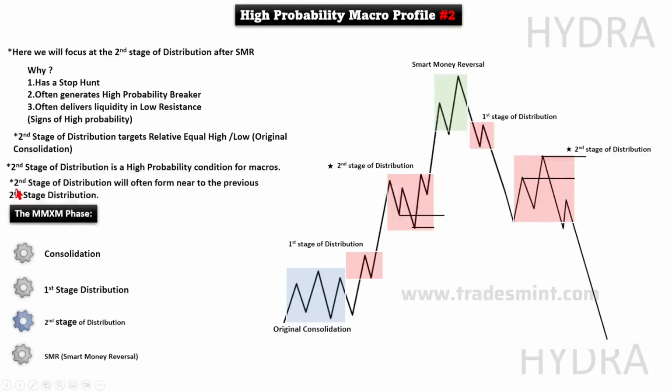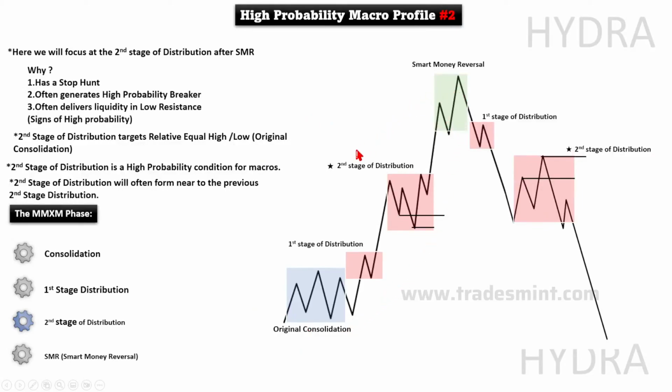So our last topic here: second stage of distribution will often form near to the previous second stage distribution. I already talked about this. Once we identify this market cycle, because we are identifying and outlining this cycle in hindsight, it gets easier to understand where price will form a new breaker, because price already did it in the past, right?